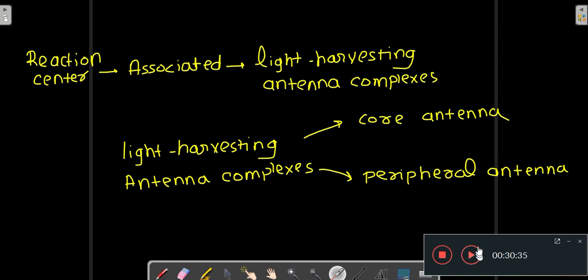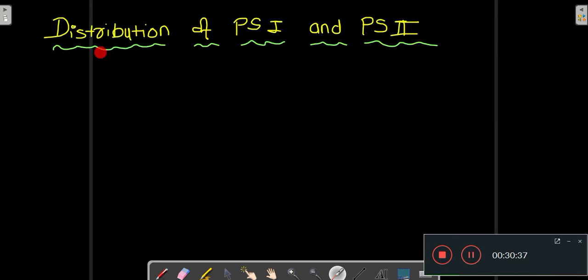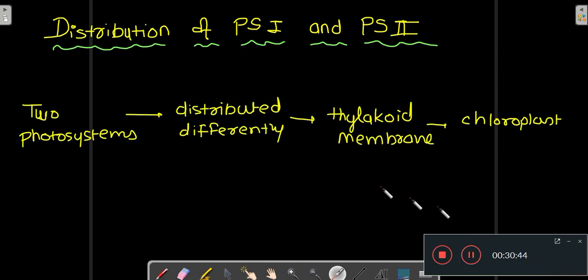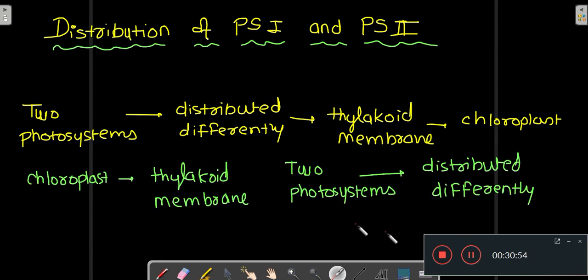Now let's talk about distribution of photosystem 1 and photosystem 2. These two photosystems, that is PS1 and PS2, are distributed differently in the thylakoid membrane of the chloroplast. Your chloroplast contains thylakoid membrane, and in that thylakoid membrane the two photosystems are distributed differently. There is no homogeneous distribution.